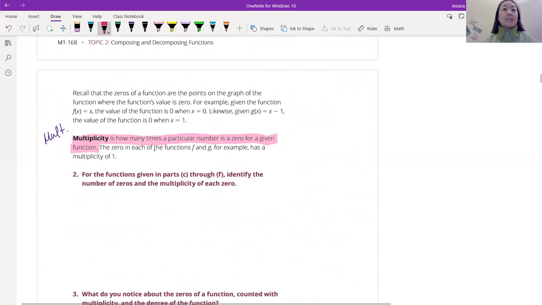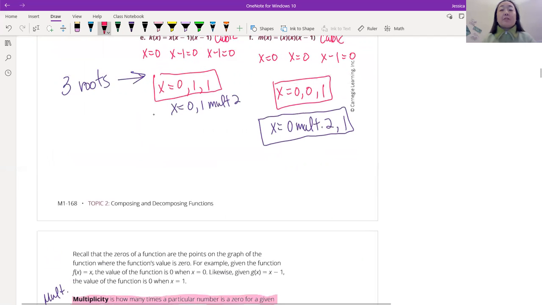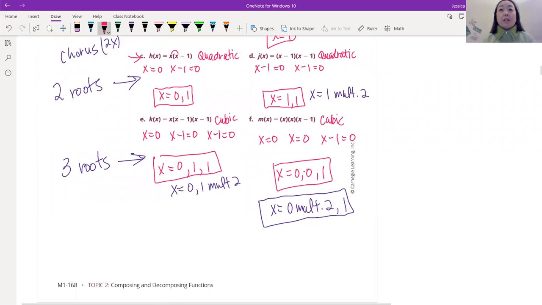So the multiplicity is basically how many times a particular number is a 0 for a given function. So how many times does it happen, right? So if you notice right here for f, 0 happened 2 times. So we call that 0 multiplicity of 2, and then just 1 because 1 only came out once. And right here we have 2 1s and we have a 0, right? So we have here 0 and 1 multiplicity of 2.